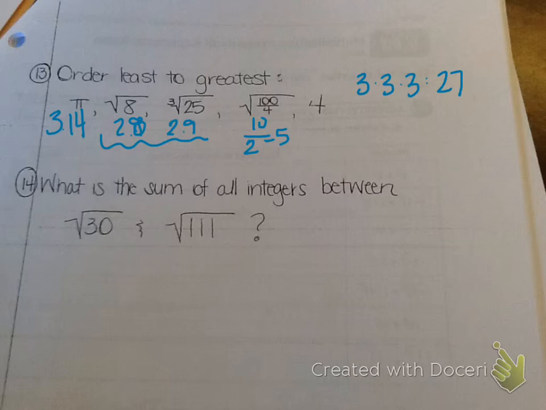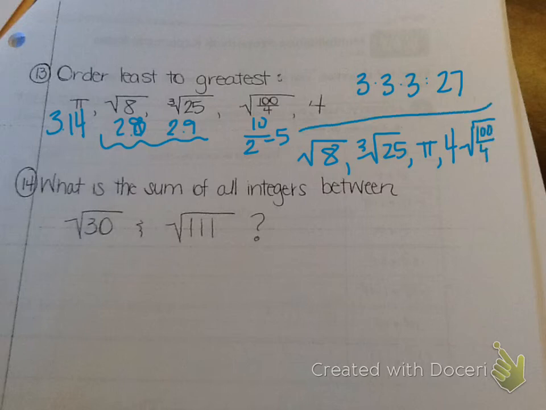Don't go writing these decimals down. It'll be wrong. So square root of 8, cube root of 25, pi, 4, and square root of 100 over 4 would be least to greatest.